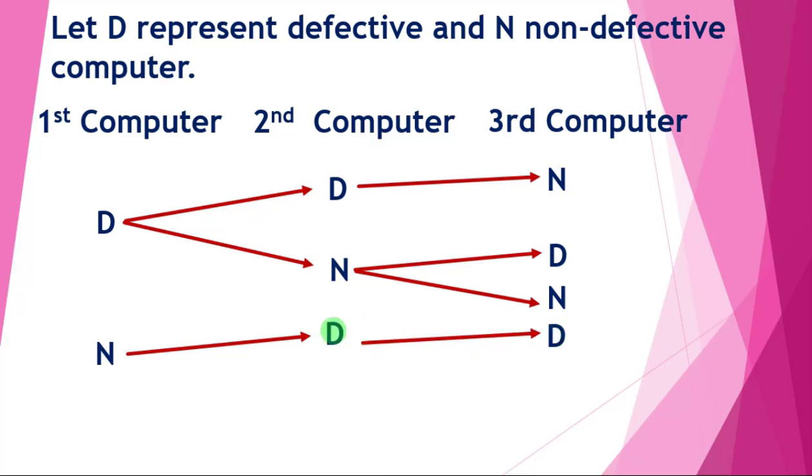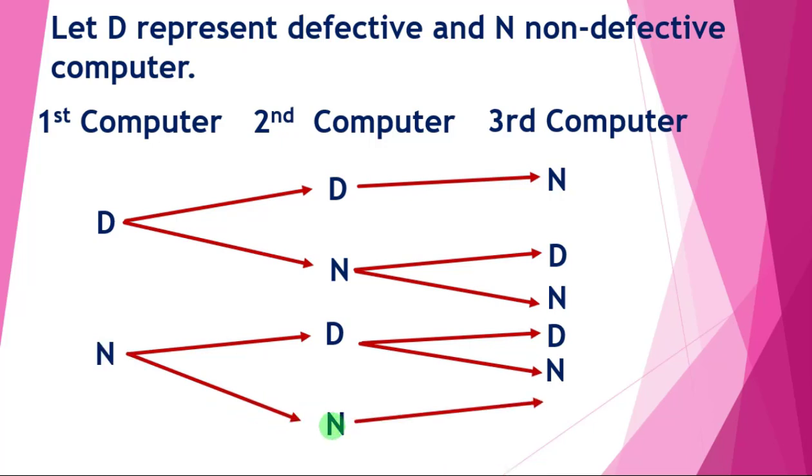We can do that because in this possible outcome, there are only 2 slightly defective computers. Now, another one: non-defective, slightly defective, non-defective. Another one: non-defective, non-defective, and in the third computer there are 2 possibilities, slightly defective or non-defective.